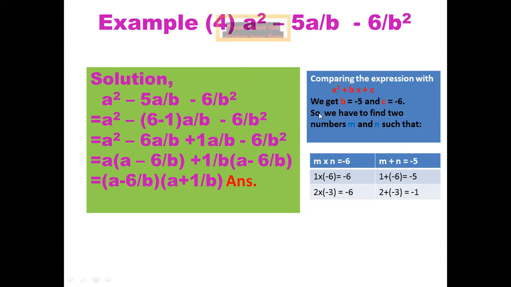So we have to find two numbers m and n, such that m into n must be minus 6 and m plus n must be minus 5. 1 into minus 6 is minus 6, and 1 plus minus 6 is minus 5. Both remarks are correct. And 2 into minus 3 is minus 6, and 2 plus minus 3 is minus 1. This is incorrect, but the first one is the correct one. We have to use the first one, because both remarks are correct.